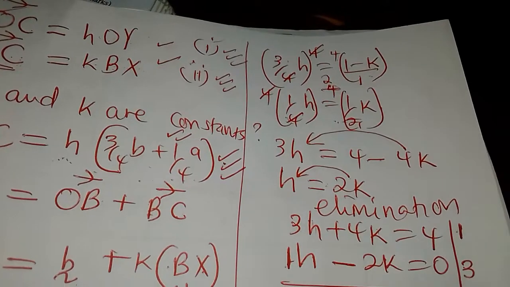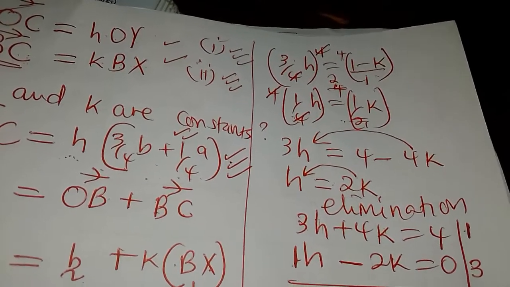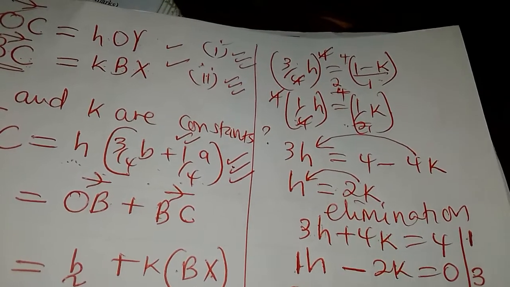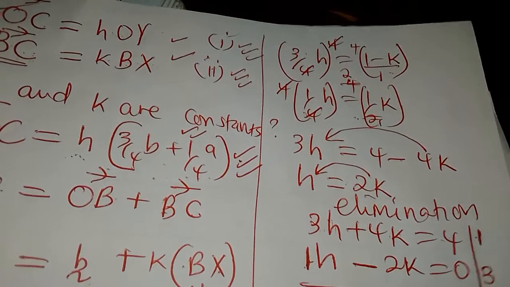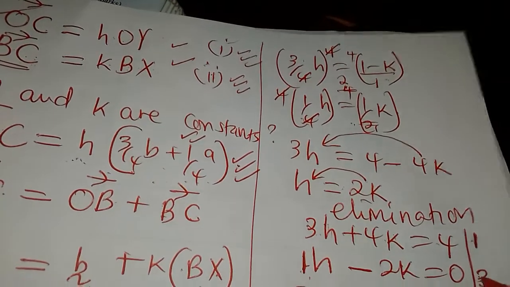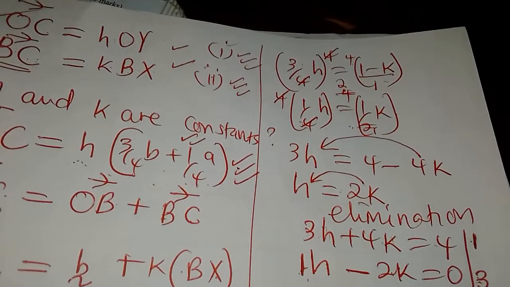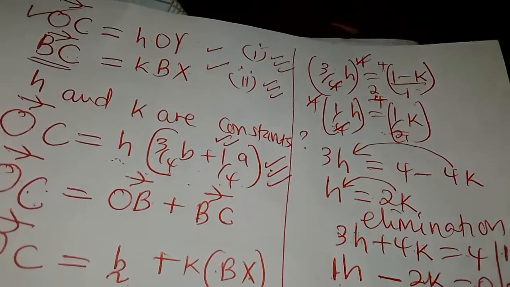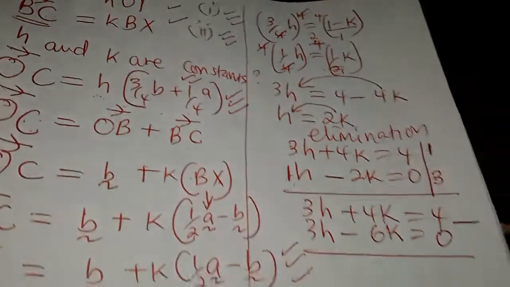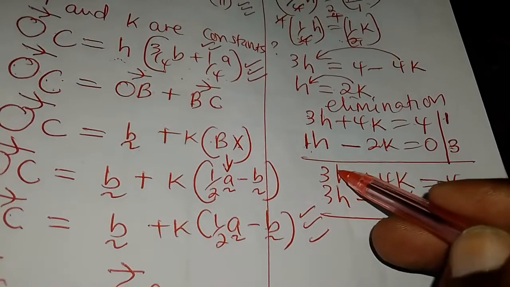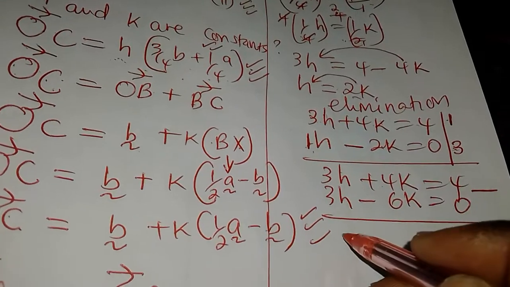Great. So I'll say 1 times 3h, 3h. 1 times 4k, 4k. 1 times 4, that gives me 4. Then 3 times h, 3h. Then negative 3 times 2, 6k. Then 0 times 3 is 0. Great. So I'm going to subtract going downwards. So 3h minus 3h, that is actually 0.